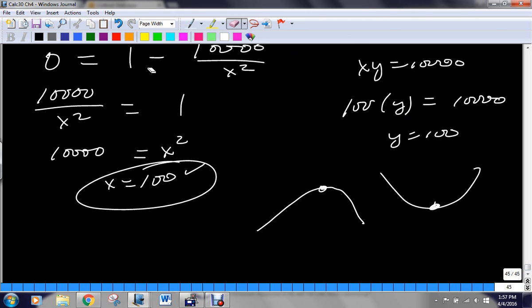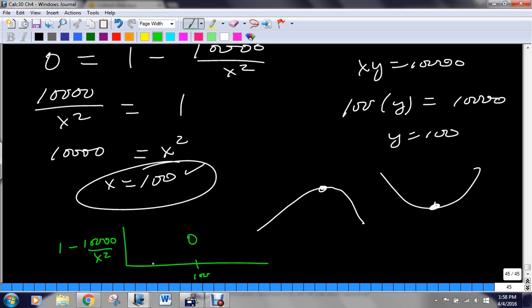If we know that this is our derivative, you could say, here is 1 minus 10,000 over x squared. That's my one factor, let's say. And I know that I have a 0 at 100. If I put in a value of 100, that's 1 minus 10,000 over 10,000. That gives me 0. That is true.